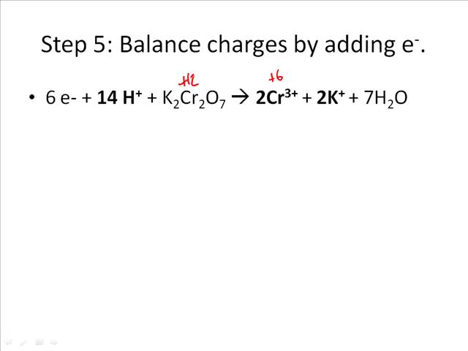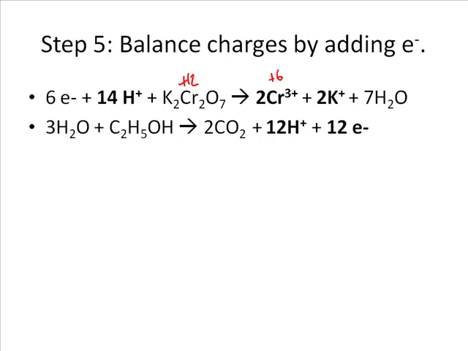So therefore I need 6 electrons on the other side to balance it out. On the other side, I need 12 electrons for the reasons listed above. So you just go through and assign oxidation numbers and equal out the charge.